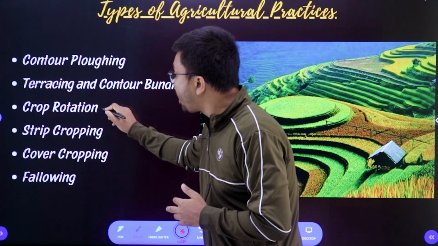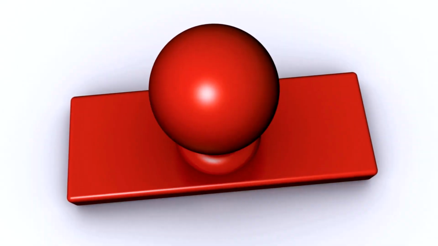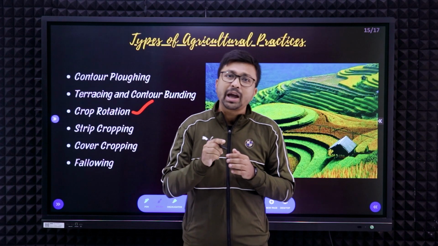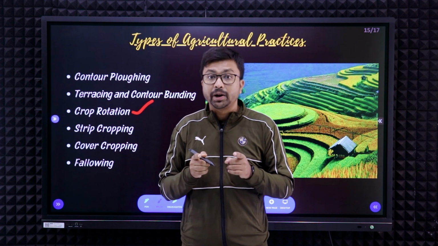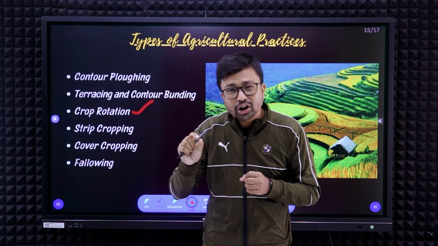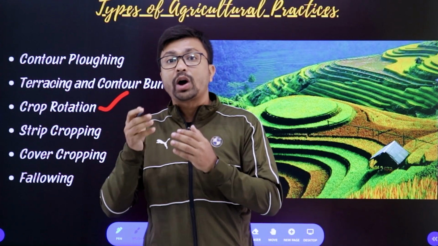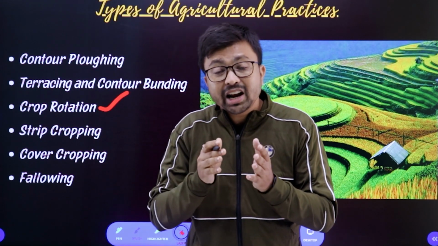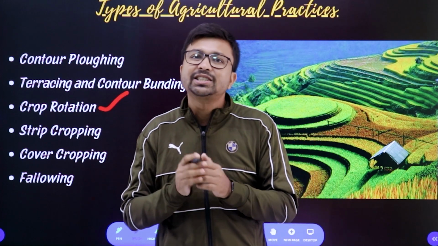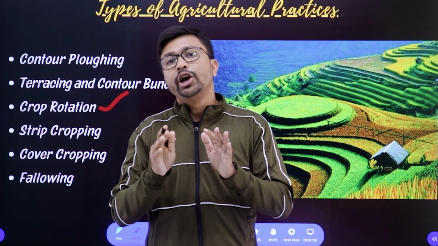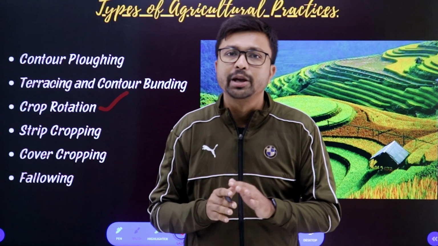Next one, crop rotation. That's very, very important. If we cultivate the same type of crops in the same agricultural field, what will happen? That particular crop will collect the particular minerals again and again from the soil. So in that way, the mineral proportion will be disbalanced in the soil, and the soil will not remain fertile anymore.